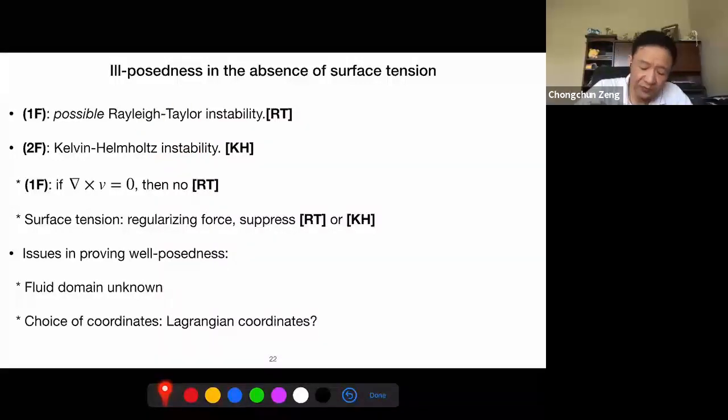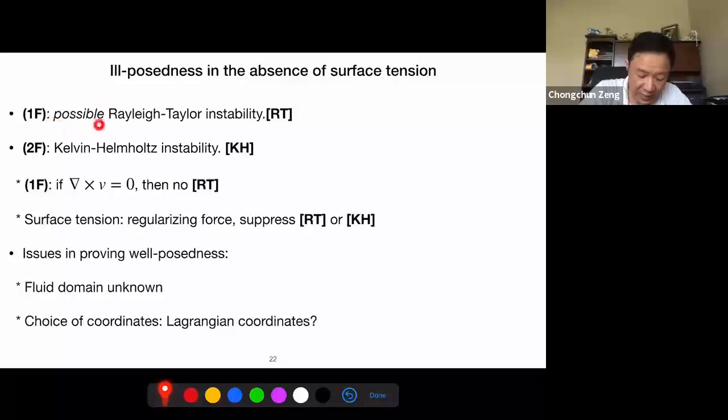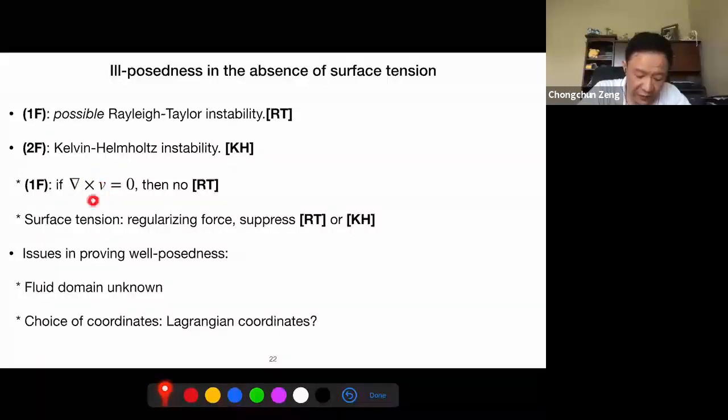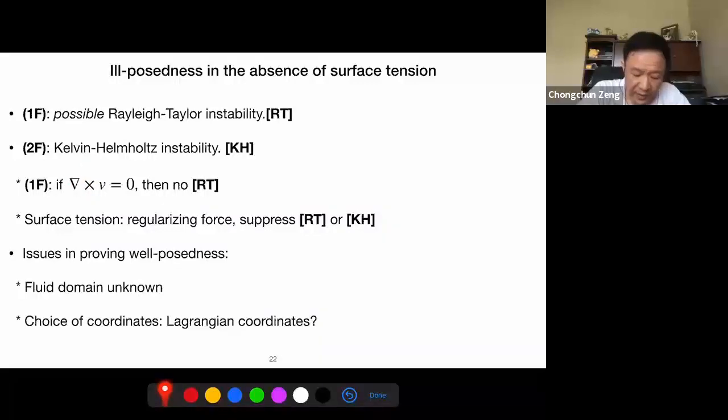But in particular, the Rayleigh-Taylor instability is only a possibility in the one fluid case without surface tension. And with two fluids, without surface tension, that always happens, okay? In particular, in the one fluid case, if the velocity field is irrotational, when there is no vorticity, then there's no Rayleigh-Taylor instability.